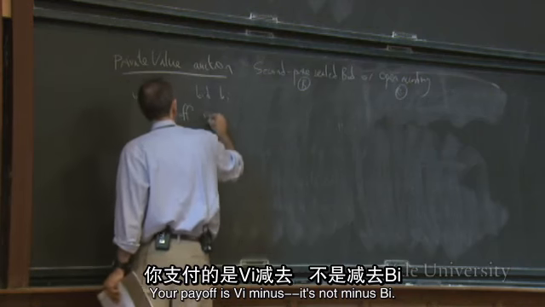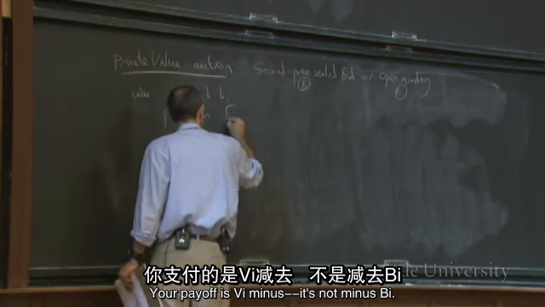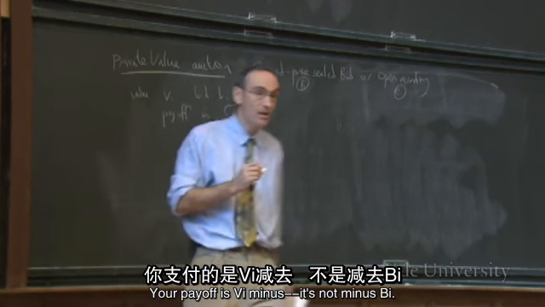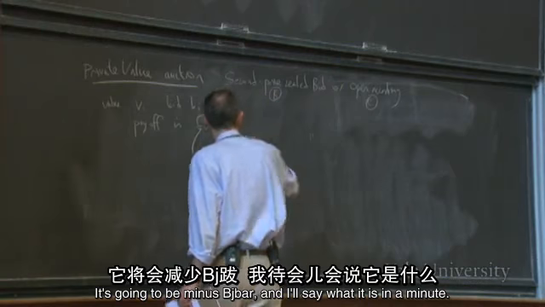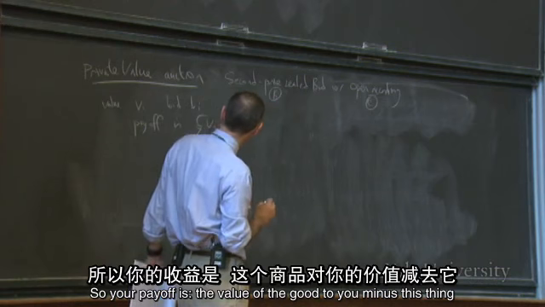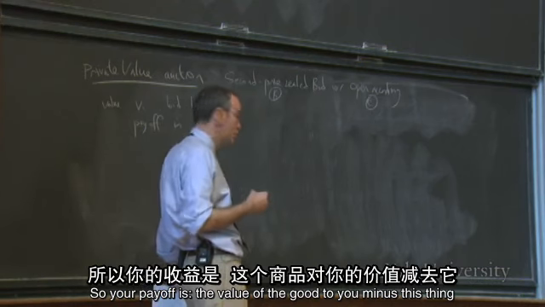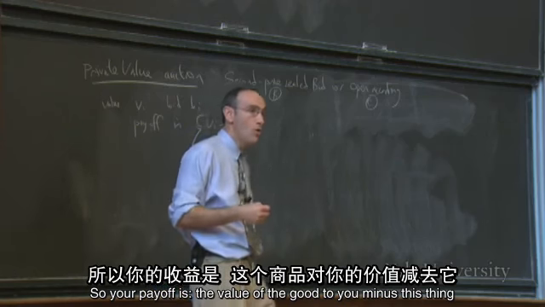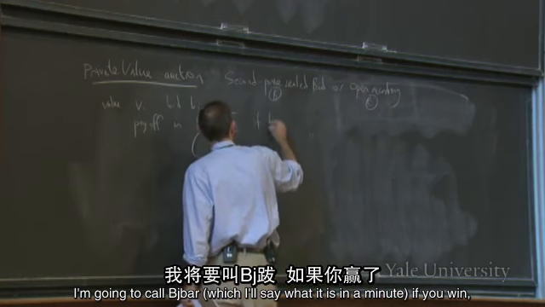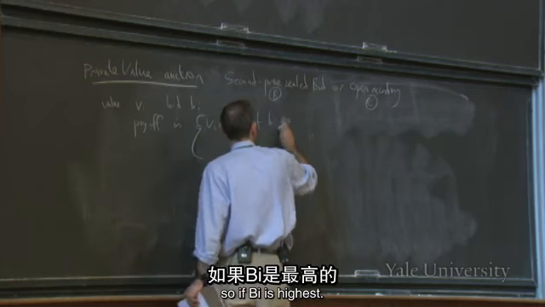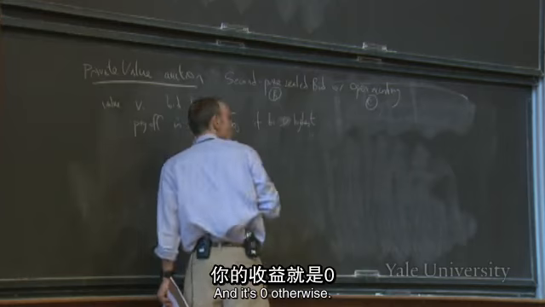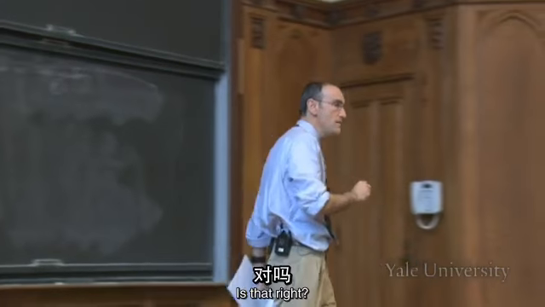Your payoff is VI minus, but it's not minus BI. What's it minus? Let's call it BJ bar, and I'll say what it is in a minute. So your payoff is the value of the good to you minus BJ bar if you win, so if BI is highest, and it's 0 otherwise. Is that right?